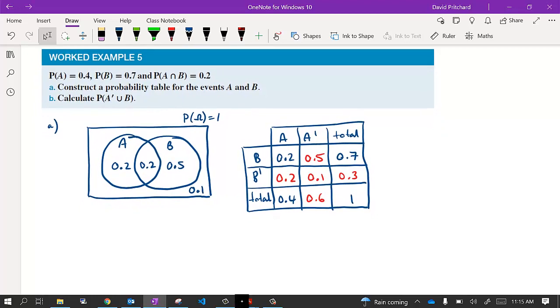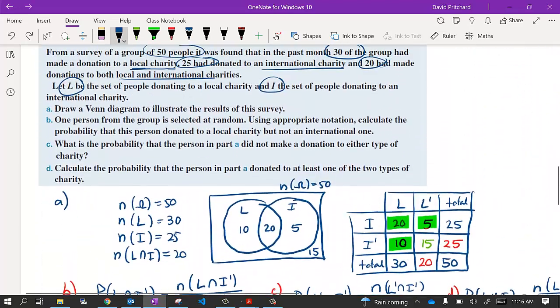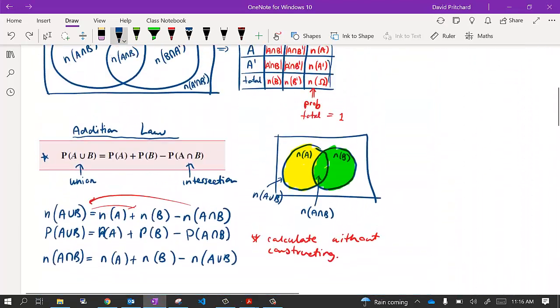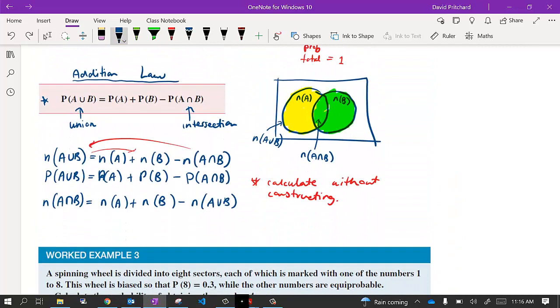We can construct those Venn diagrams and two-way tables using probabilities, and now we can just answer what they want. They want the probability of not A or B. So that means we need to, from our table, work out what is not A or B. The easiest way to go about this one is to use our addition law, all the way back up here, where we add the two things together and then we take the intersection of them.